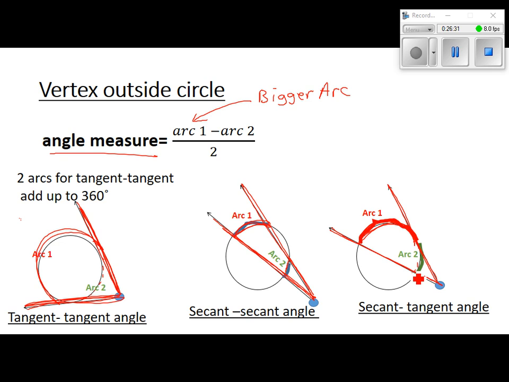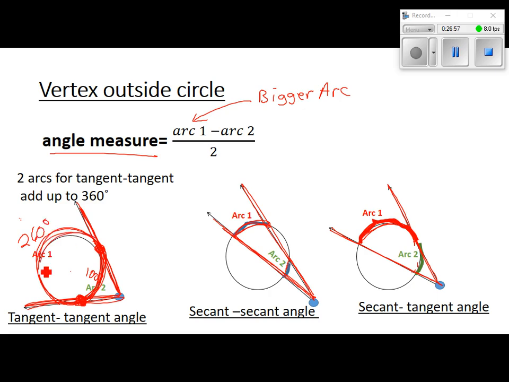For this one, they might tell you, just like this part, that that's 100 degrees. Well, since it's a tangent angle, the measure from here to there is 100 degrees. The whole circle has to be 360, so this part out here is just 360 minus 100, which is 260.